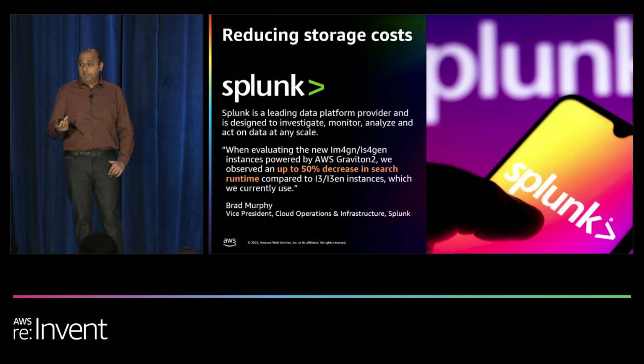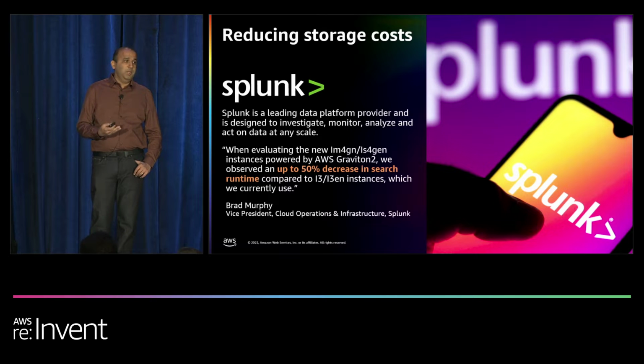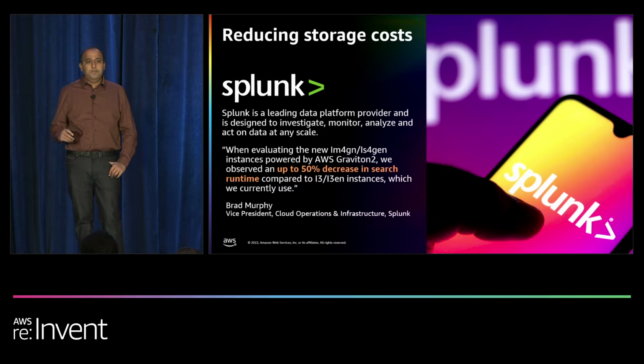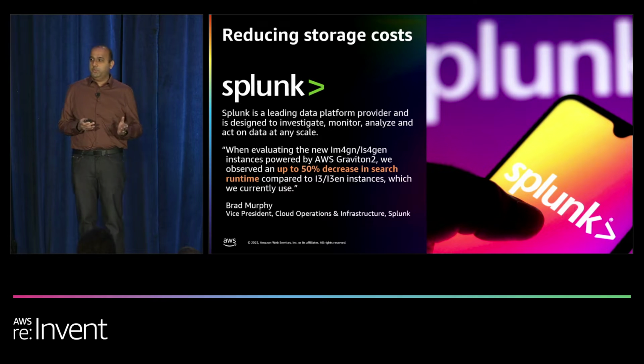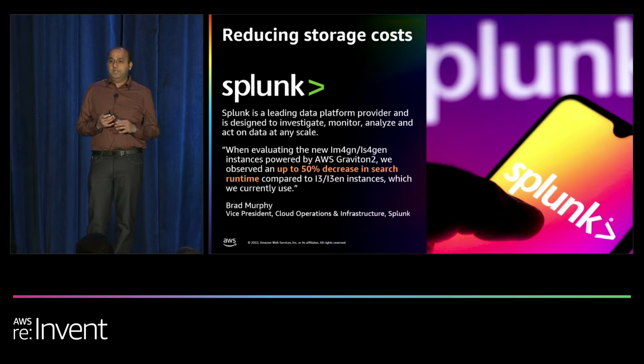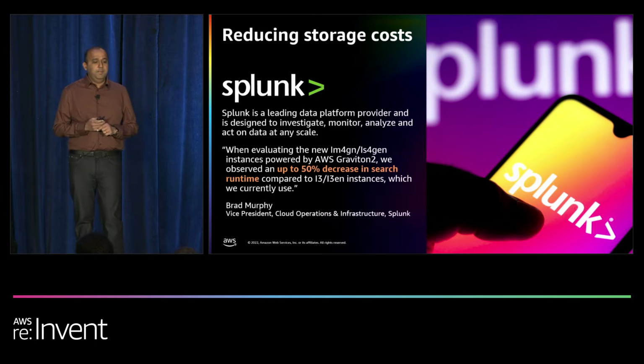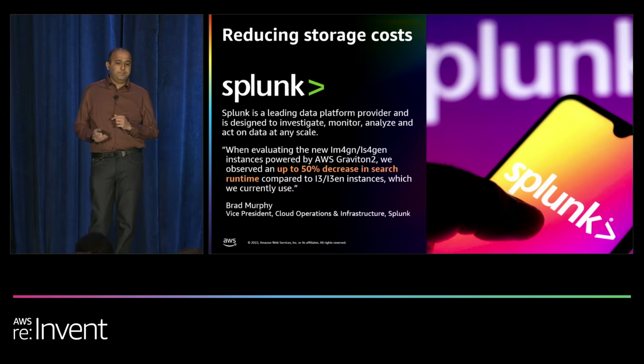Now, what we've seen in the marketplace is a lot of momentum with our customers in terms of adopting Graviton to lower their overall costs. An example here is with Splunk, where they observed a 50% reduction in runtime using Graviton2-based storage instances when compared to their existing i3 and i3EN fleets. And that's led to a reduction in their overall storage costs.